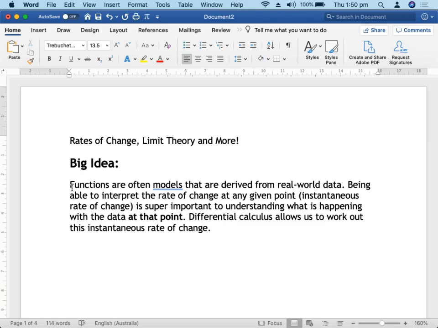But that's not the only kind of regression you can have. You can have a quadratic, you can have an exponential, and so on. So scientists or statisticians will take the real world data, look at its shape, and see if they can fit a function to as much of the data as possible.